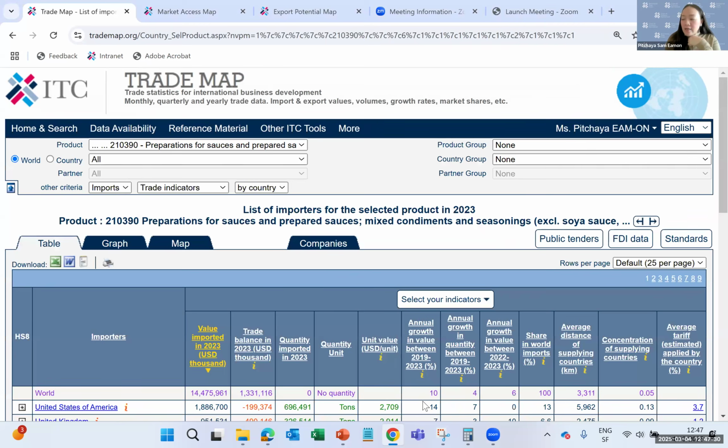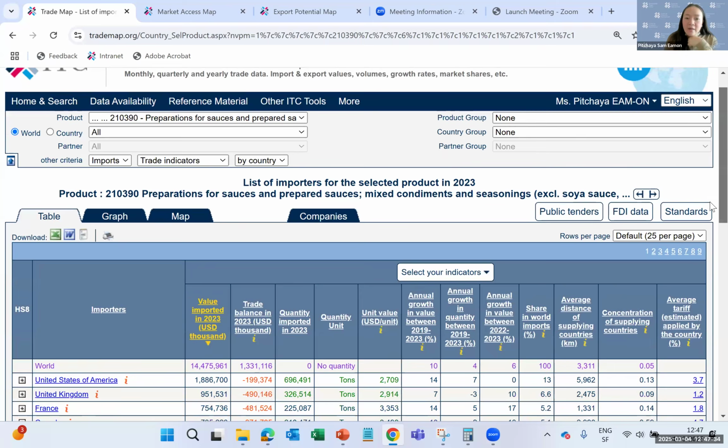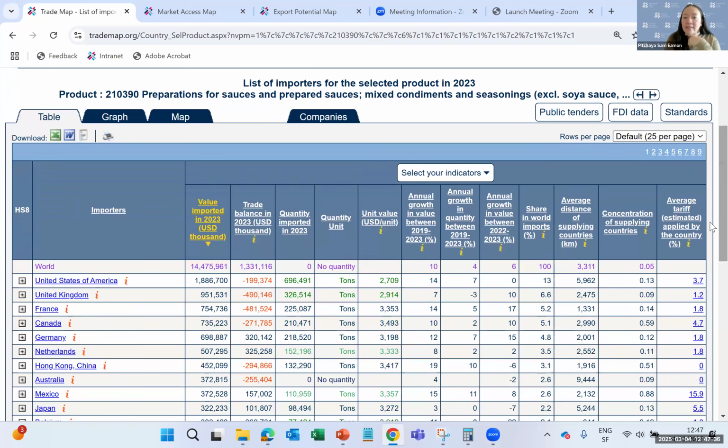Once I click trade indicators, I see the list of importers of the selected product, which is the sauces, the prepared condiments. We see that the world's biggest market is the United States, but the total global demand of this particular product is very high. It's 14 billion US dollars.